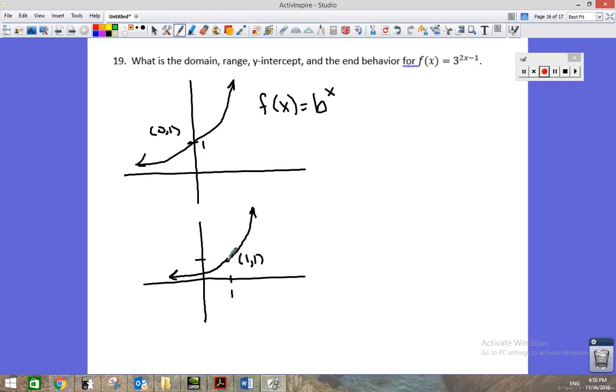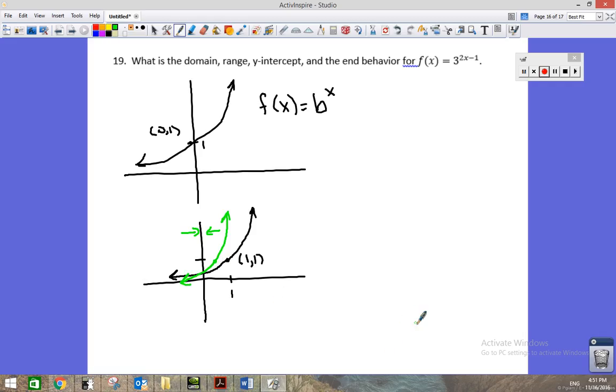So this is going to come in and squeeze in closer to the y-axis. So that's seen pretty clearly here. If that point squeezes in toward, it'll be like that, and it'll be like this.